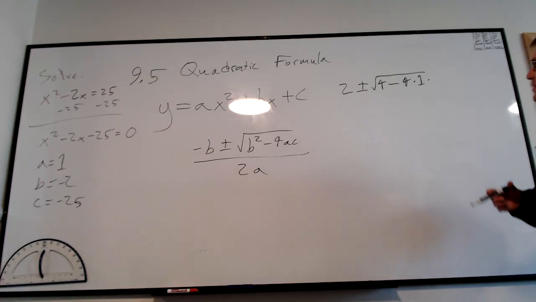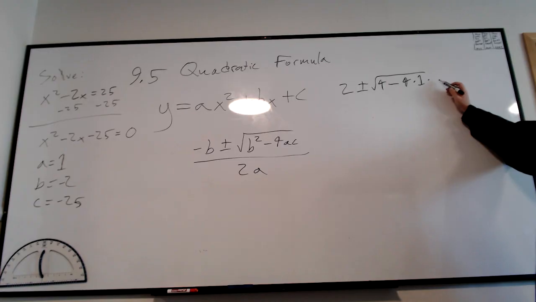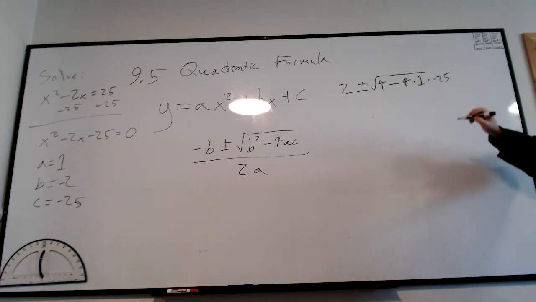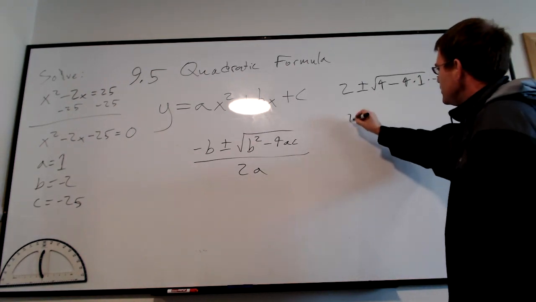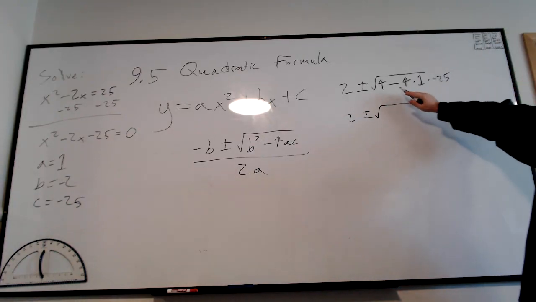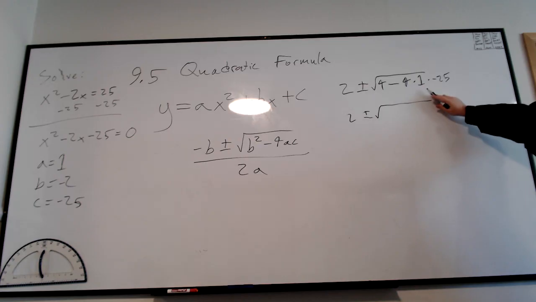Okay, so then what is c? 1. So it's going to be negative 25, right? Okay, so we've got 2 plus minus. Okay, we have 2 negatives and 1 positive.